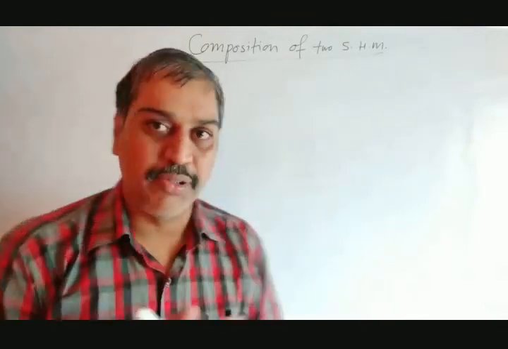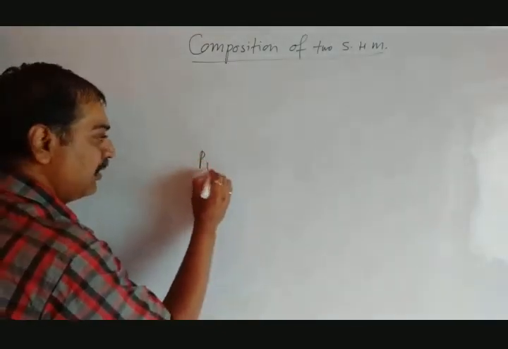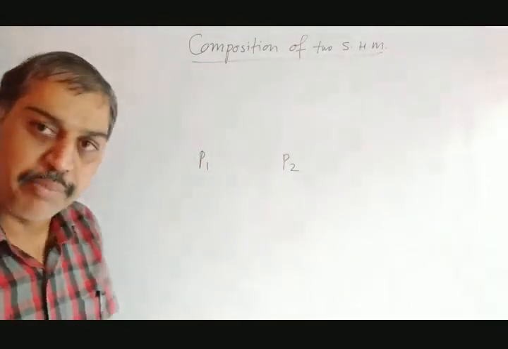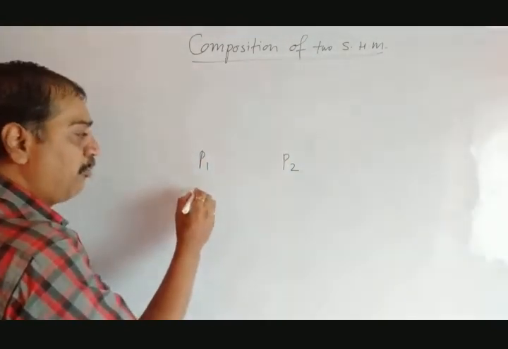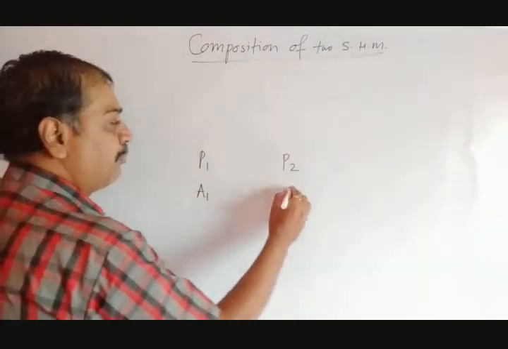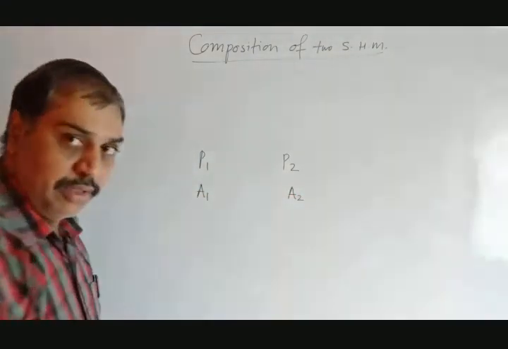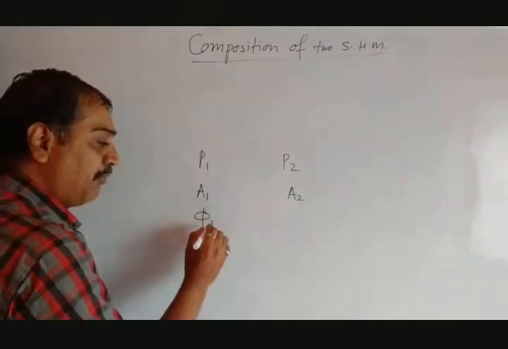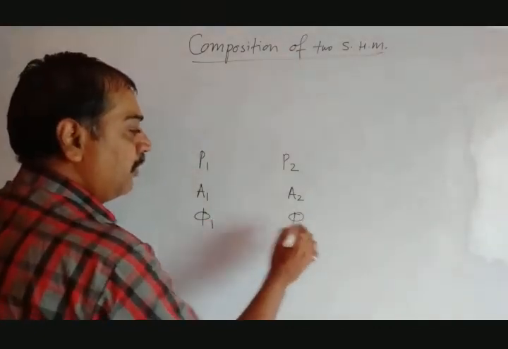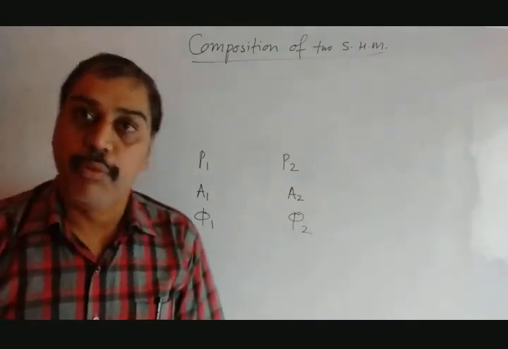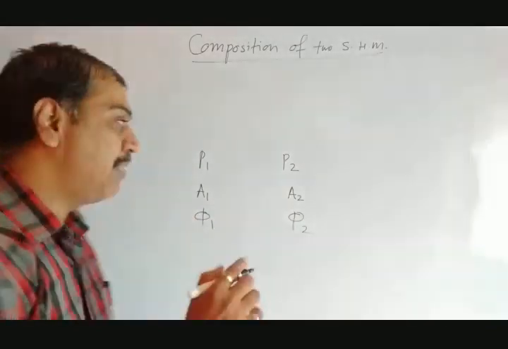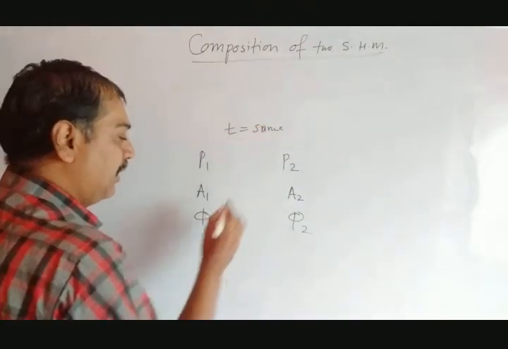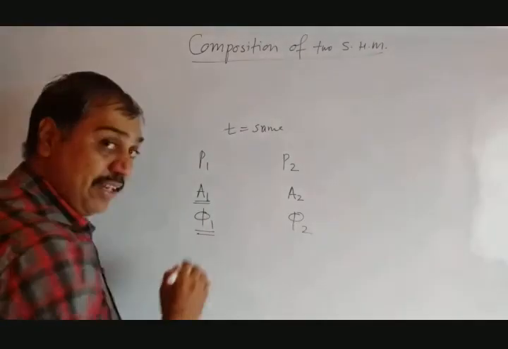Two particles. Suppose this first particle P1, this second particle P2. Both of them are performing simple harmonic motion. Only here it is performing with amplitude A1, it is performing with amplitude A2. Apart from this, the phase, or the phi, becomes different. Phi 1, phi 2. Now such type of two motions have the same time period, T is same, only there is a difference in amplitude and phase.